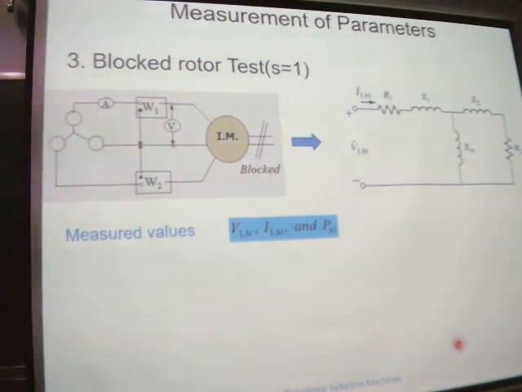And 3, the blocked load test. It is blocked, so the shaft is blocked here. So it takes the block.